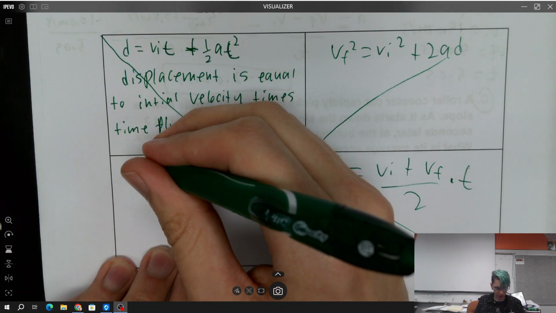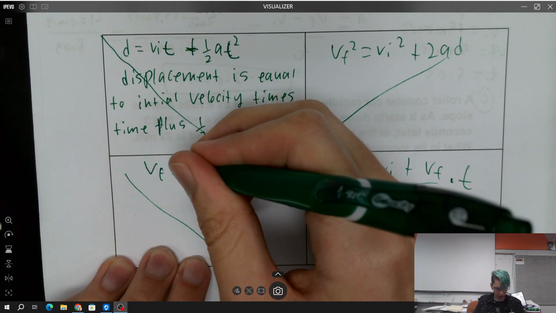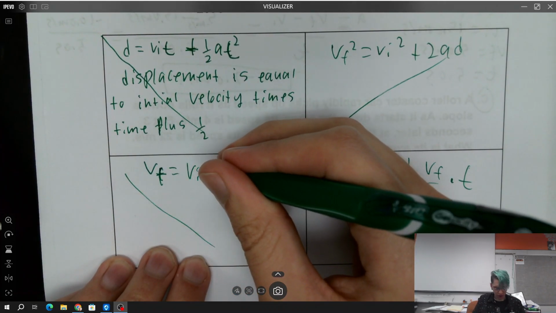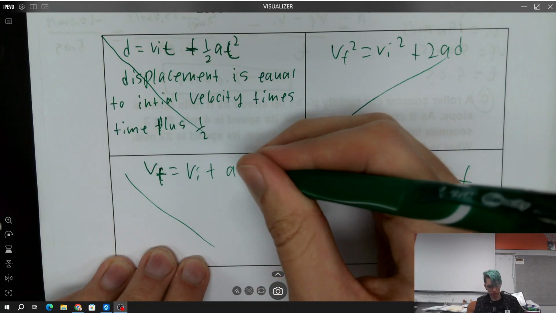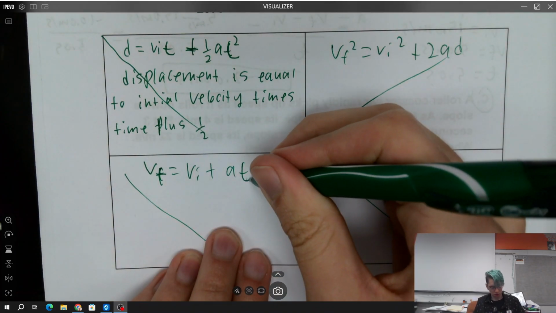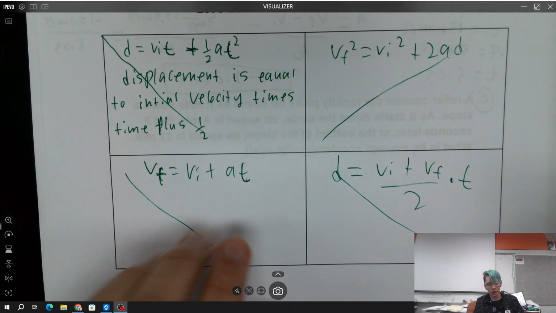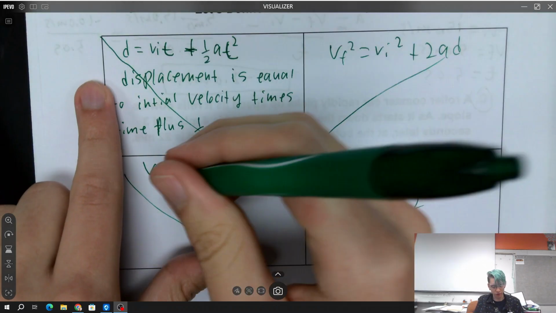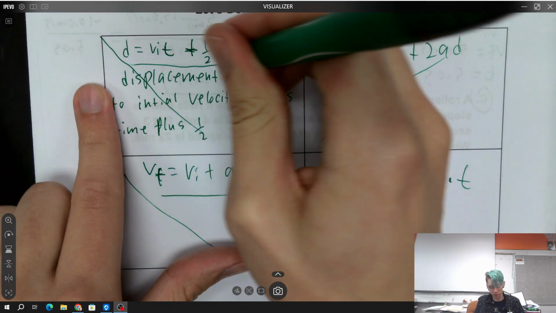And then VF is going to be equal to our VI plus our acceleration times time. So just go ahead and copy those equations. We won't do those in words. Just focus on rewriting those equations once, just so we have the practice.